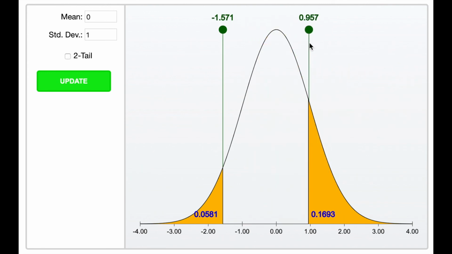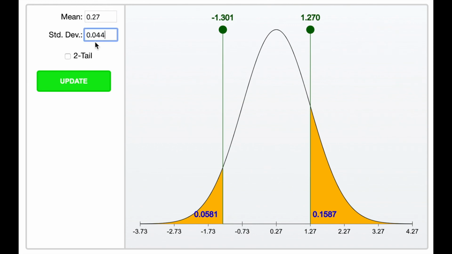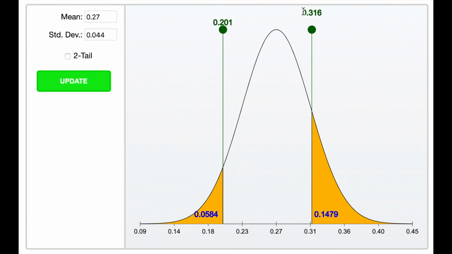And so for our purposes for this example, I'm going to change the mean to the mean that we found, so 0.27. And then the standard deviation that we found was 0.044. And so now down here, this curve looks a lot like the one that I drew out, except they rounded it to 2 decimal places. So to find the probability that p hat is greater than 0.3, I can just drag this until this value says 0.3.